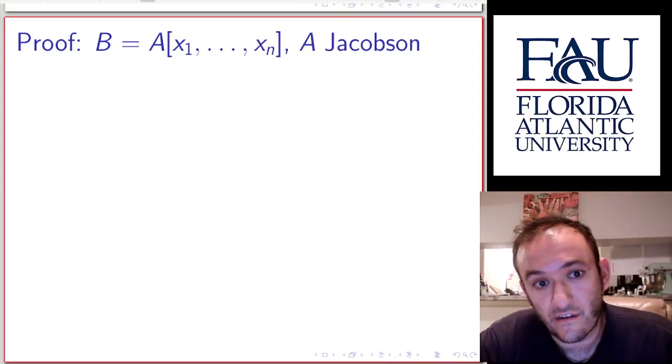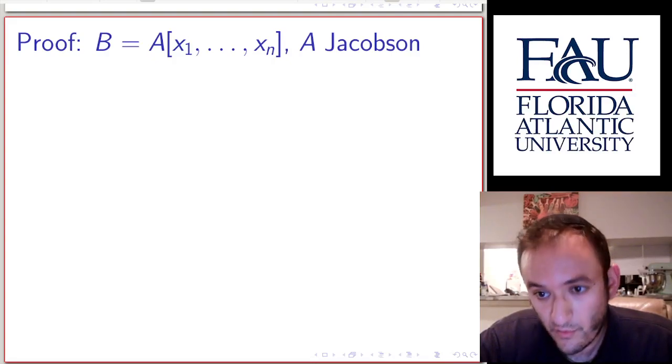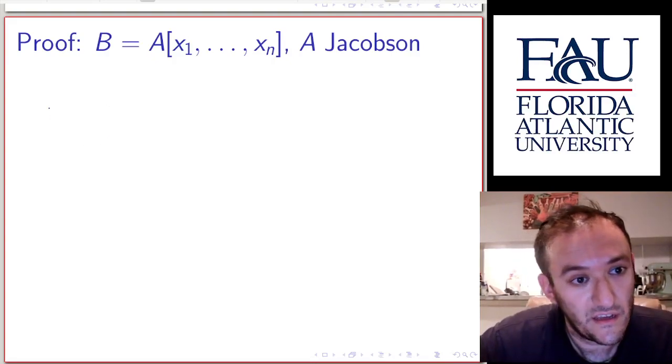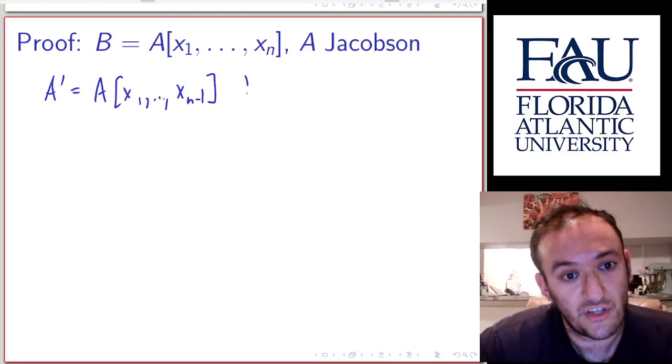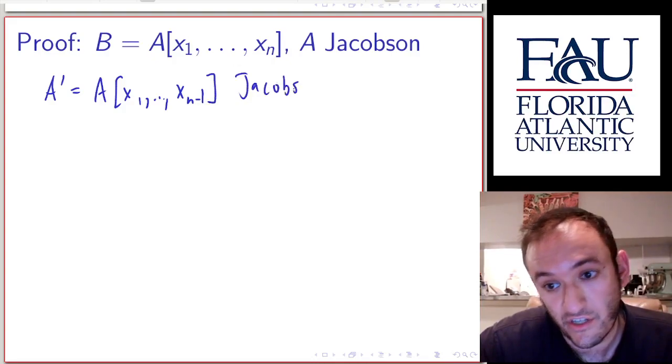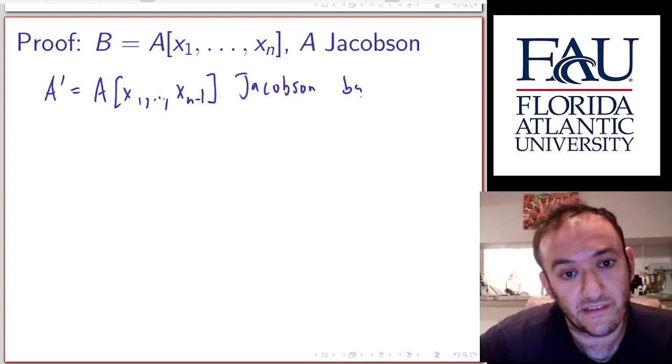And now let's consider where we generate by a bunch of elements, finitely generated. So we have A prime equal to A adjoin x1 through xn minus 1. This will be Jacobson by induction hypothesis.